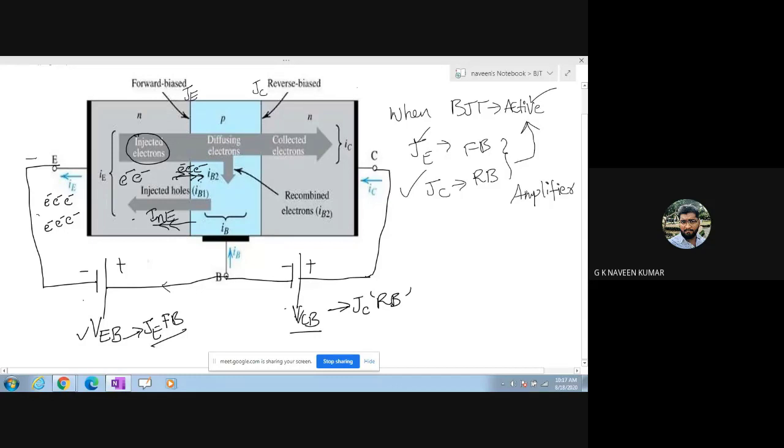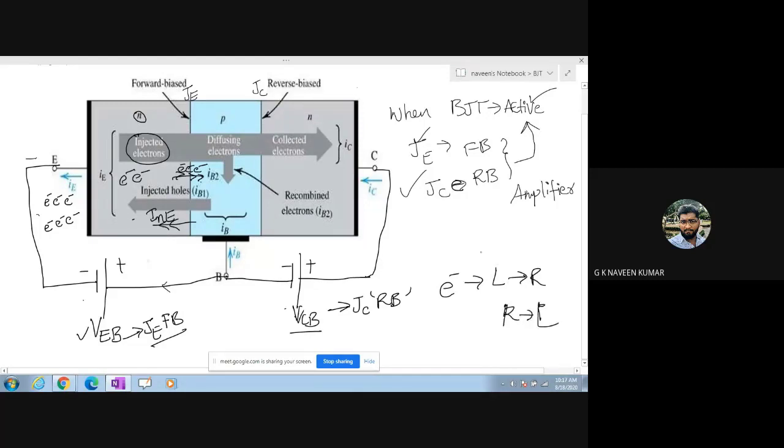This capital E indicates emitter current. This N indicates the type of the emitter region. So the current flow will be in the opposite direction. If the electron is moving from left to right, then the current will flow from right to left. This we have already studied, right?